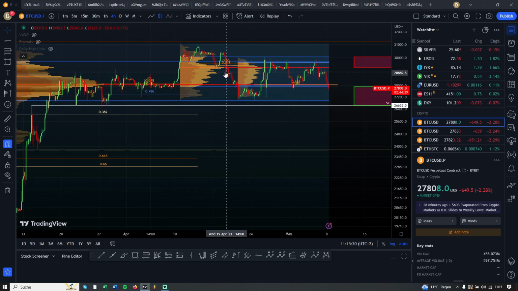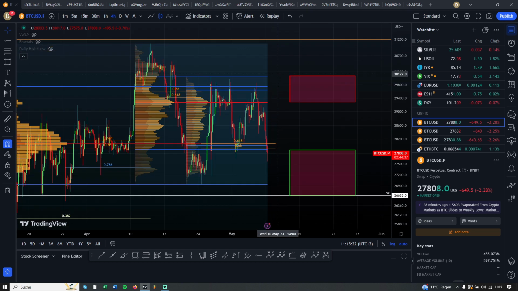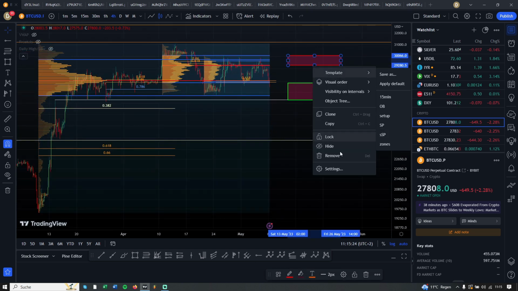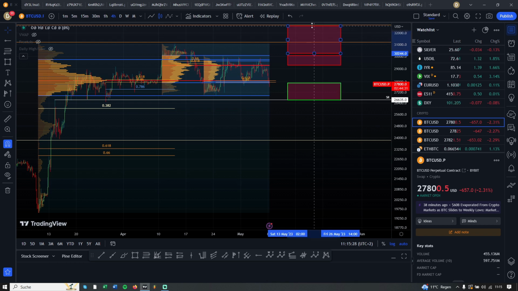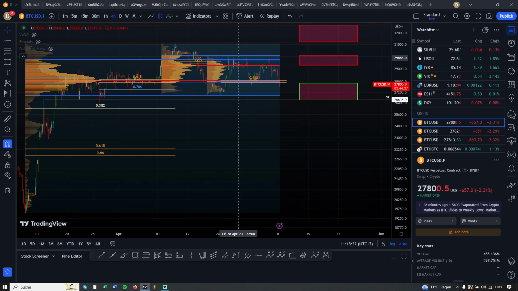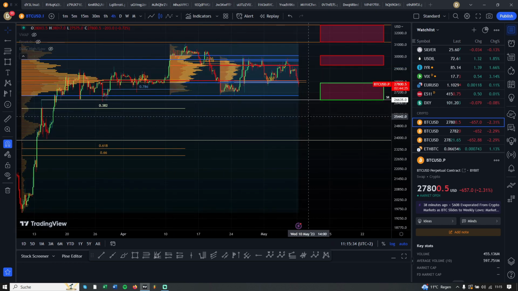Perfectly was rejected from there. So this is definitely a huge resistance which is still above us. We could still visit this if this local range here breaks to the upside.